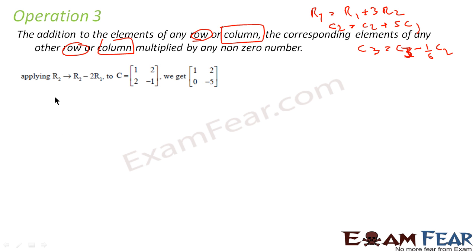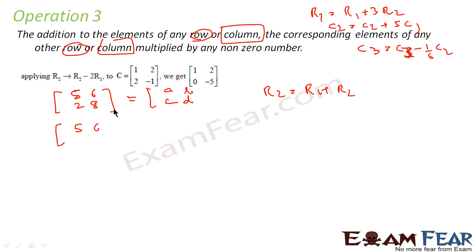So example I'll tell you. For example, in this case, let's suppose you have the matrix 5, 6, 2, 8, which is equal to A, B, C, D. Now, if I say R2 is equal to R1 plus R2, what will happen?